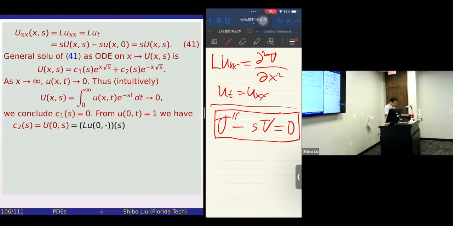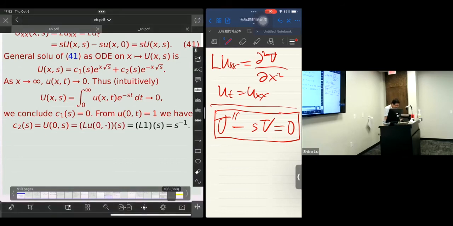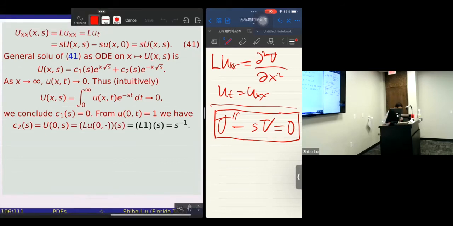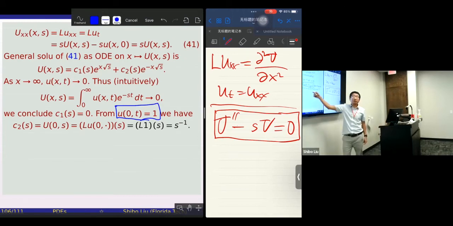Our boundary condition at the left endpoint is that small u at x equal to 0 is 1. You need to take the Laplace transform of the constant function 1. Checking the table, you see that the Laplace transform of the constant function 1 is 1 over s.